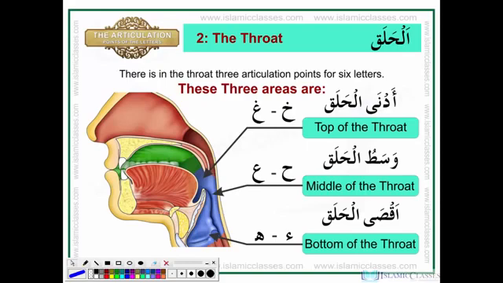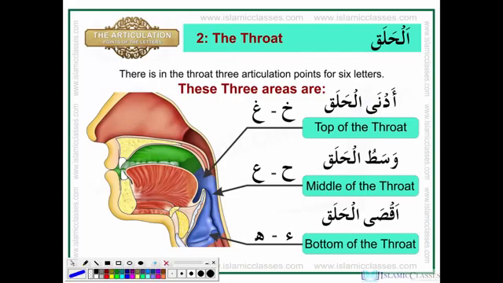Keep in mind there are 17 makharij, I mean 17 articulation points, in those 5 major areas. This throat is one of them, so I opened this first to show you how many articulation points are in this major area.